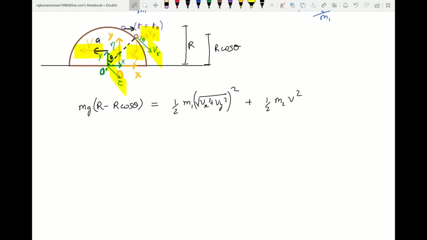Substitute the values of Vx, Vy and V in terms of Vr, which we already found out in the previous equations.